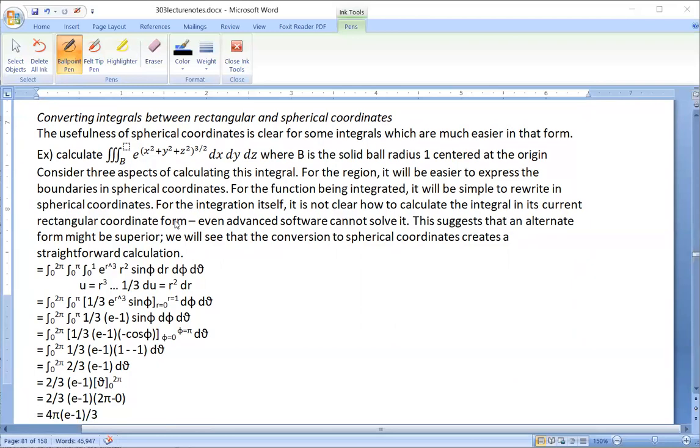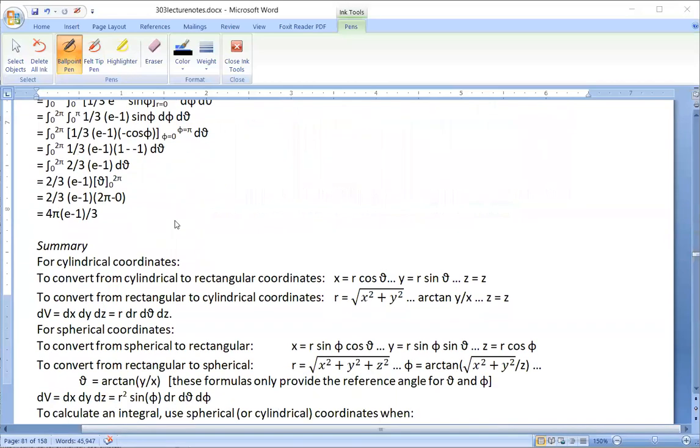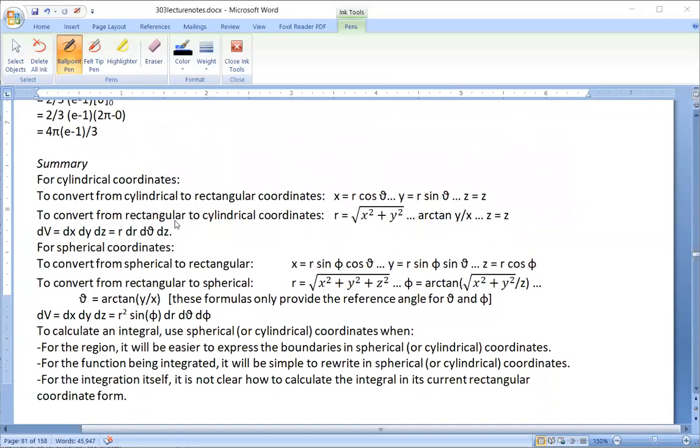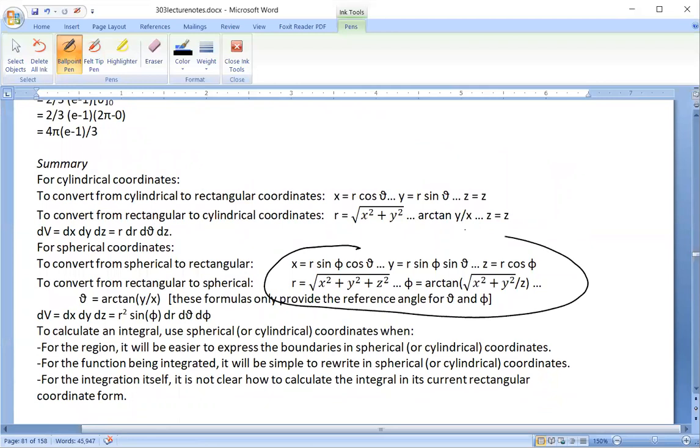So, to summarize all of these things for spherical coordinates, a little bit on cylindrical, but then also spherical coordinates. To convert from spherical to rectangular and from rectangular to spherical, we have these conversion formulas.